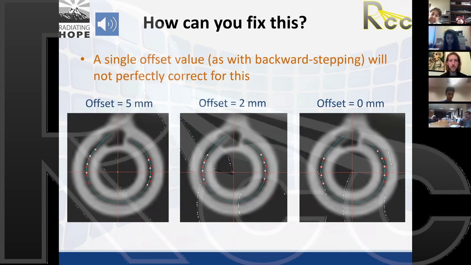The red dots are our physically correct, clinically relevant source positions, and the pink dots are again the source positions provided for the same dwell position in a manually reconstructed system. Even by changing the offset values, it's not possible to get a perfect match between a physically correct dwell position and a manually reconstructed dwell position.